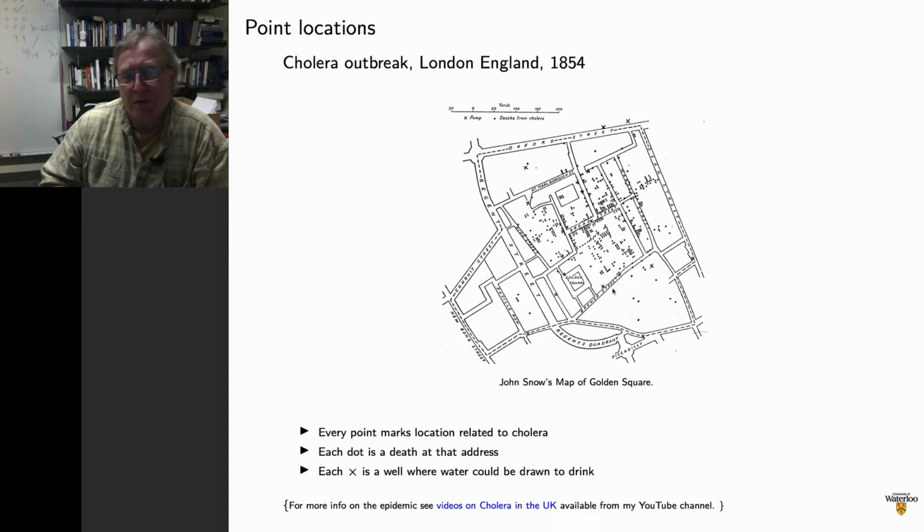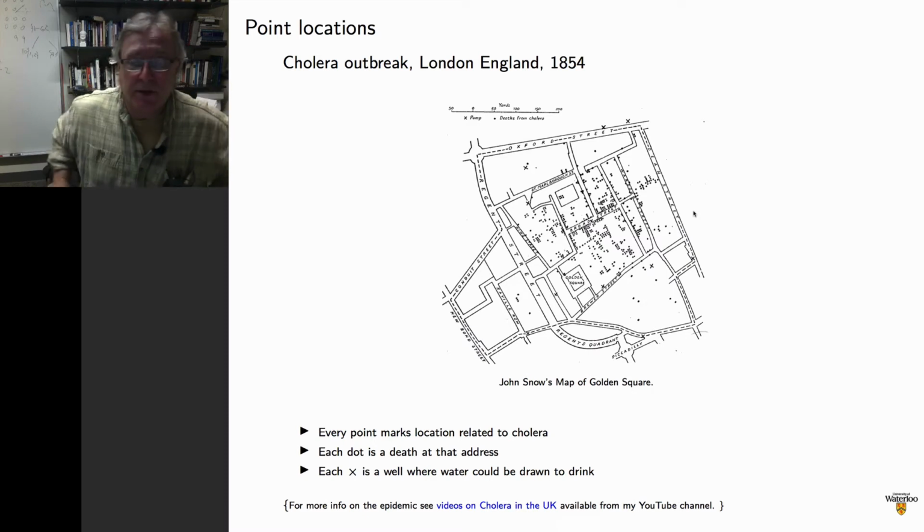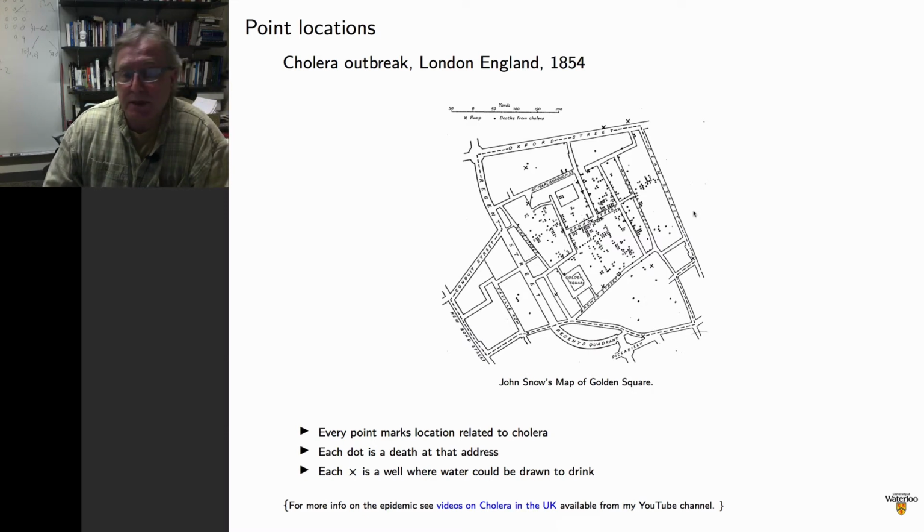And so what we have is every point on this display, every one of these little dots is identifying where there's a death. There's a cholera epidemic outbreak in London in the mid-19th century. And so John Snow was plotting all of these deaths, and you can see that there's a real concentration.